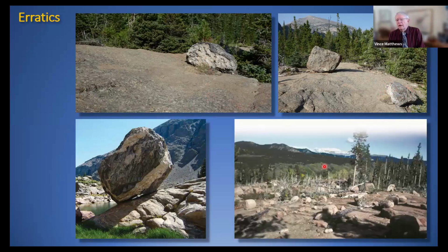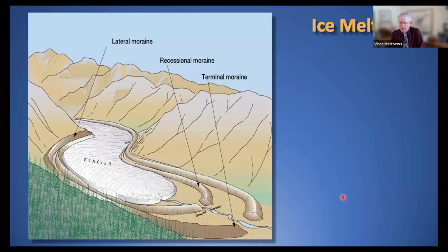These don't belong there. Erratics are just boulders that are out of place. They are from some other area, and they've been transported and let down. It's possible, I think, that water may have cleaned out the finer material in between these and left the larger boulders, but this is near Alberta Falls in Rocky Mountain National Park.